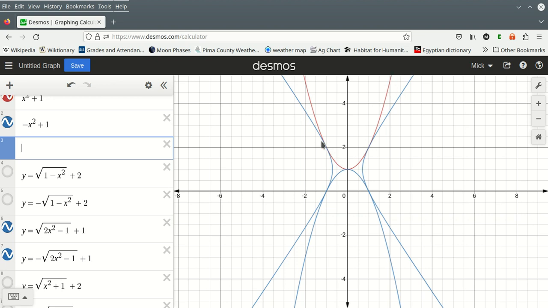So we get this cut here, and that's going to be parallel to the side of one of the other cones. So we get this other parabola, and then those are going to be not parallel or perpendicular, or is going to be between.